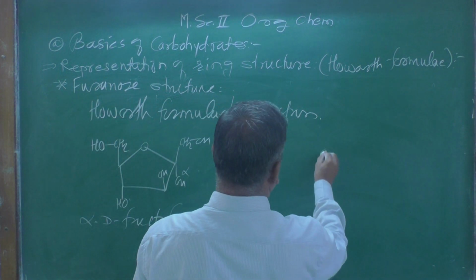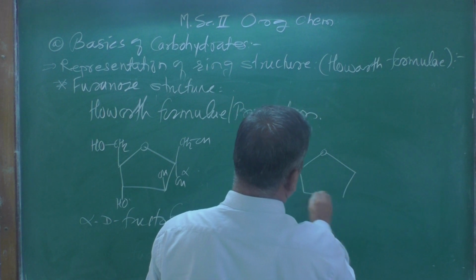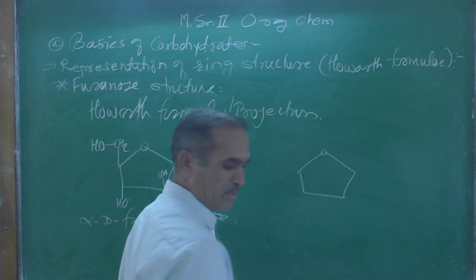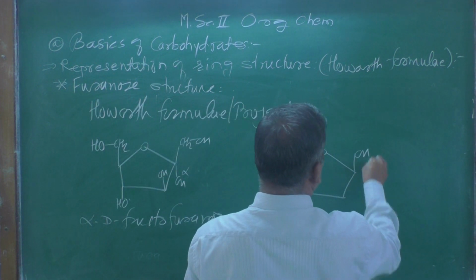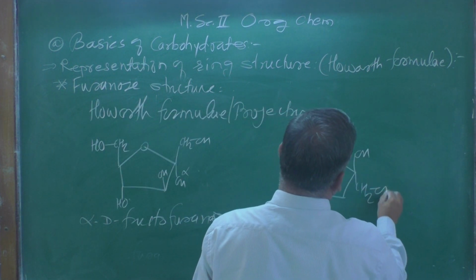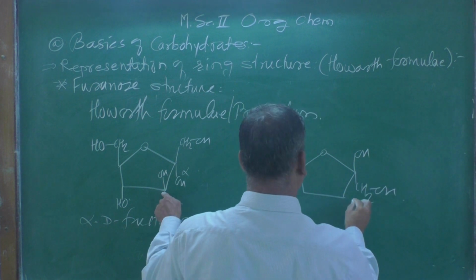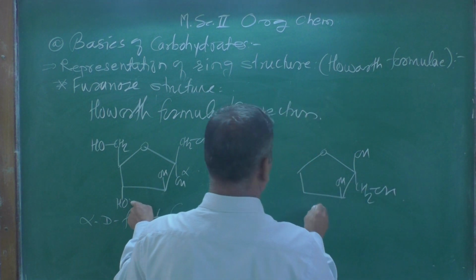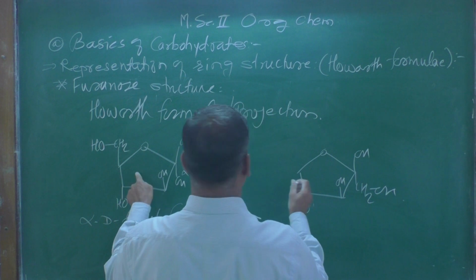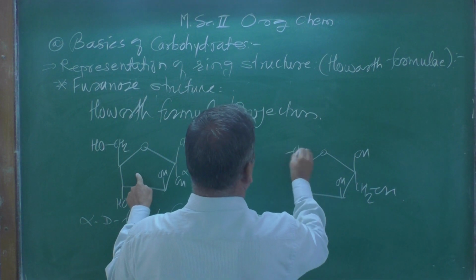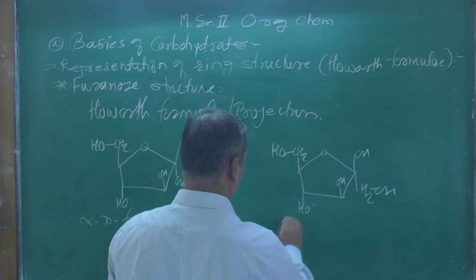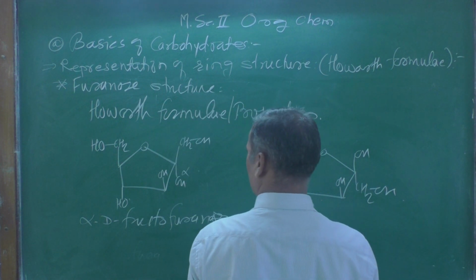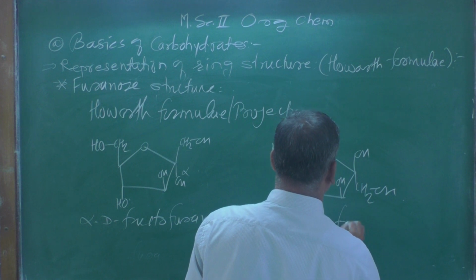Now, on the other side we can draw the structure like this: hydroxy group on the beta side and then CH2OH. Here the other things remain as they are, this as it is, this is also as it is, HO, and this is the representation of beta D fructofuranose.